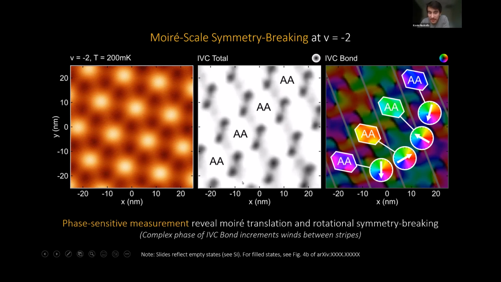So this is phase-sensitive information derived from the FFT, but this is information that we could never derive if we just used the amplitude information or just looked at the patterns, because we really needed this complex order parameter analysis to do the proper decomposition into the irreducible representation basis.